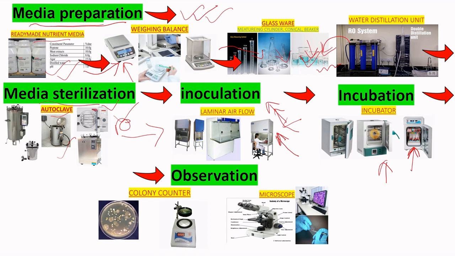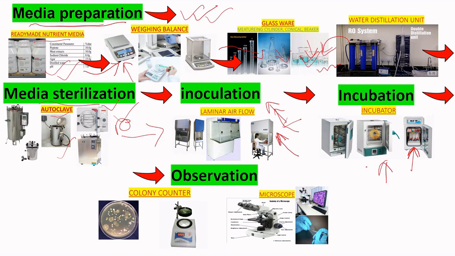Suppose for some bacteria 37 degrees Celsius for 24 hours is required, while other types of microorganisms require 42 degrees Celsius or 25 degrees Celsius for 24, 48 or 72 hours. So different types of microorganisms require different incubation conditions for their particular growth.